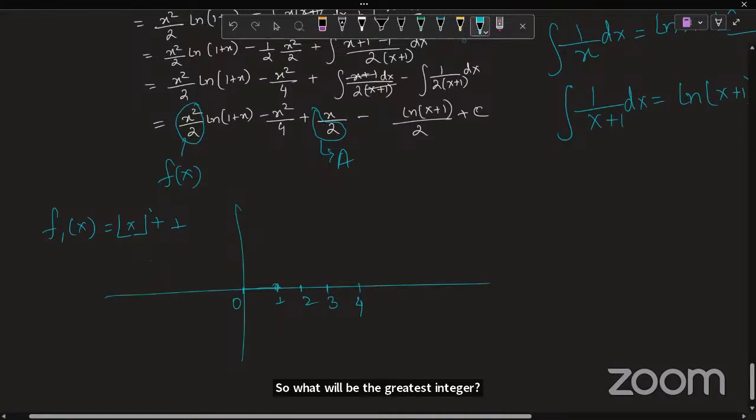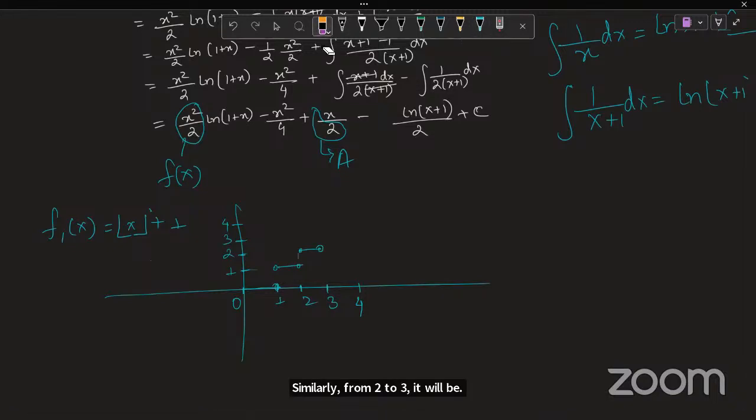It will be 0. Then for 1 to 2, it will be this one, right? Similarly, from 2 to 3, it will be this one.